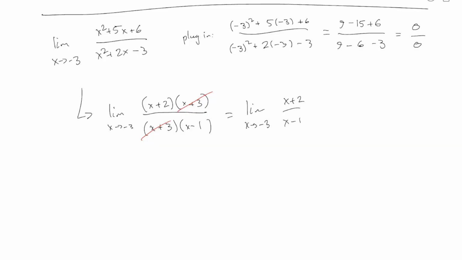That's not going to work. We should just try to plug the value in again at this point. So I'm going to plug this in. I get -3 plus 2 over -3 minus 1. That's -1 over -4. 1/4 is my answer.